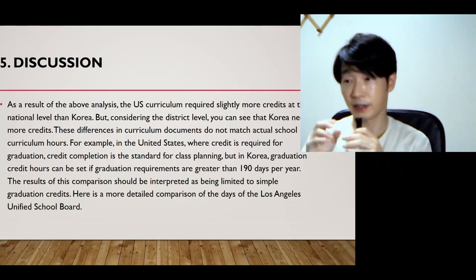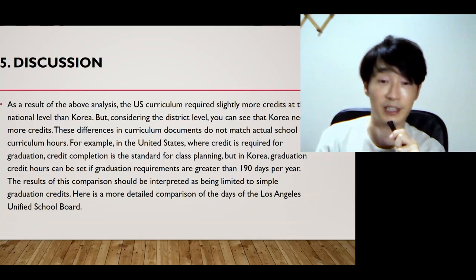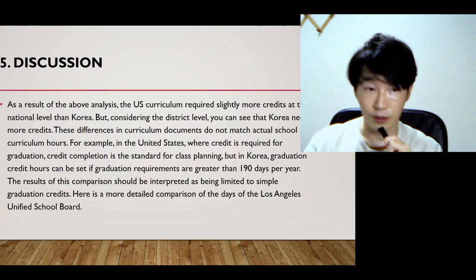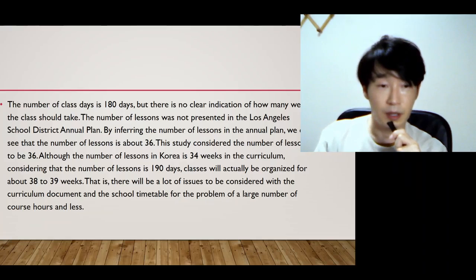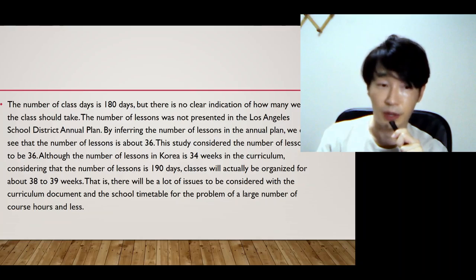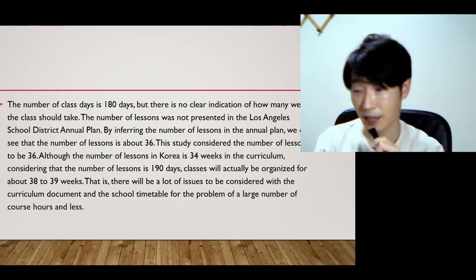They can bring different curricular operation. So that means that there are a lot of issues to be considered with the curriculum document and the school timetable for the problem of large number of course hours and less.